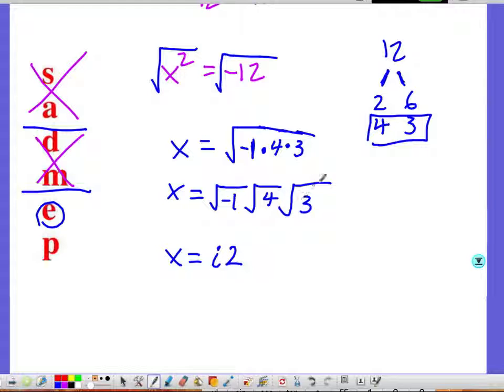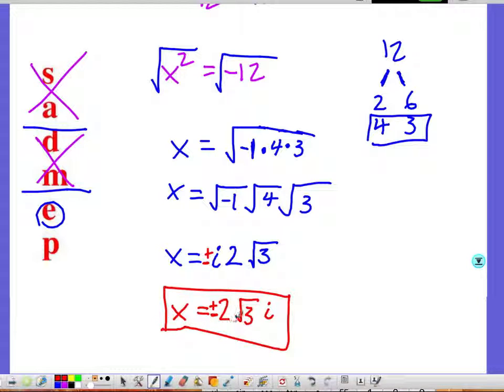And is 3 a perfect square? Nope. So it's just the square root of 3. And don't forget to write plus or minus. So my final answer, this is how I like to write it. You write your whole number followed by your square root, and finally i. Always have plus or minus at the beginning. Here is my final answer. There it is.